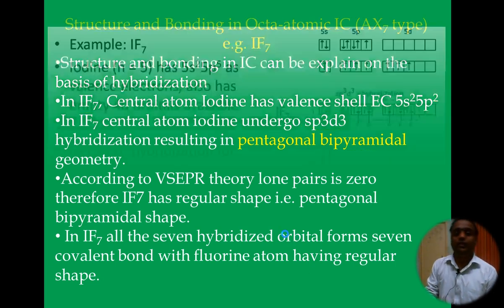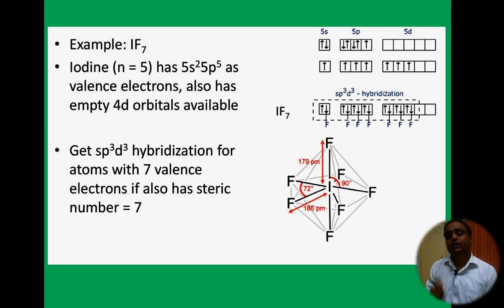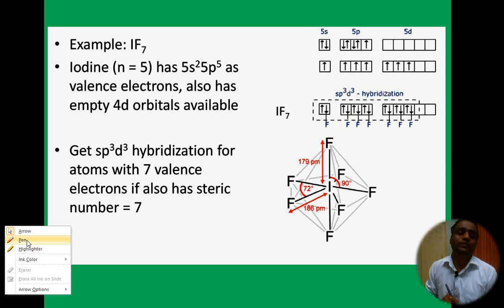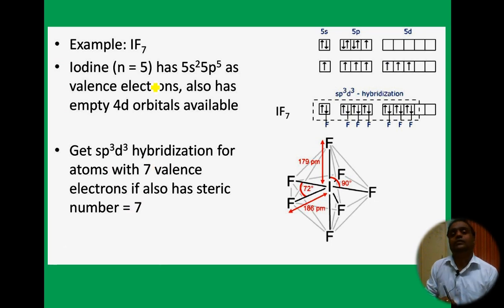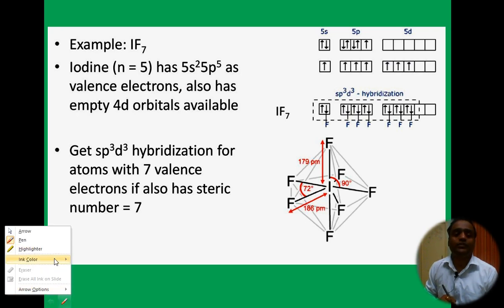If you want to understand how this shows 7 bonds, then we have to check its electronic configuration first.